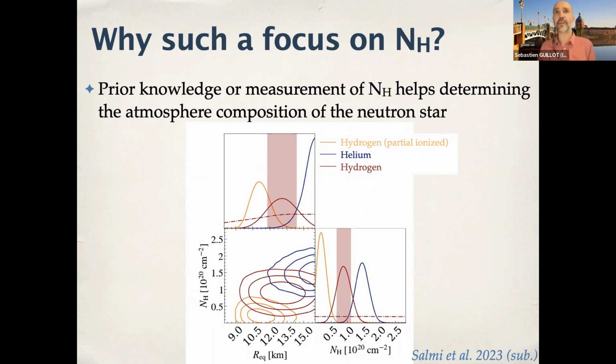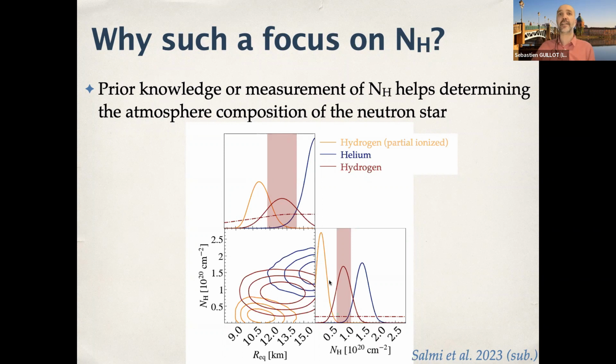This is a figure that I made from a larger corner plot with all the parameters, those giant triangle plots. I just selected the radius and NH on this, and you see three inference runs: one that was done for hydrogen, one for helium, and one for partially ionized hydrogen.